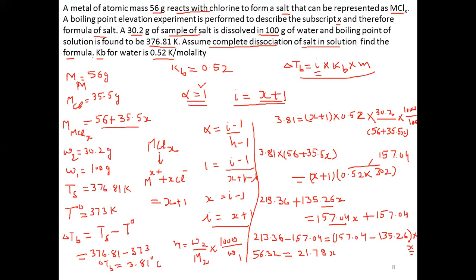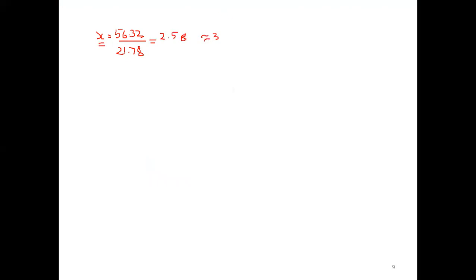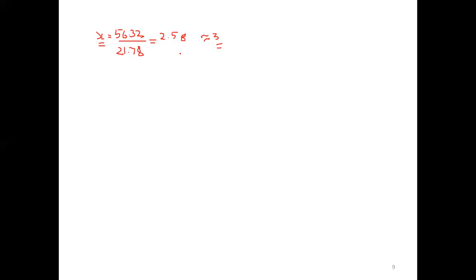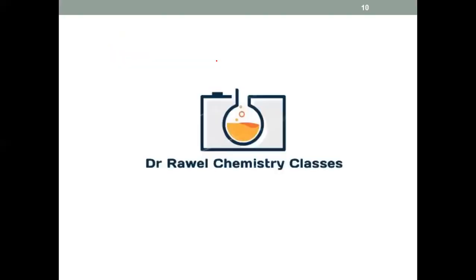I have used many approximations in these calculations. Somewhere I have kept only 157. When you don't do any approximation, x will come out to be 3. So it will be 2.8 or 2.9, approximately 3.